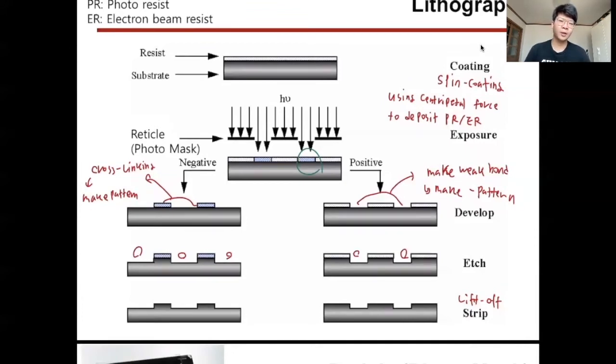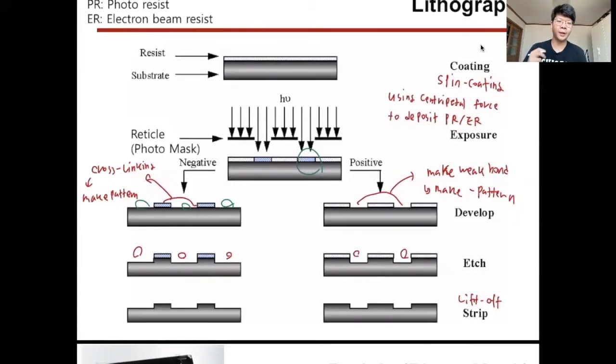In negative lithography, the photoresist cross-links, so that in the develop stage we remove the unexposed part.